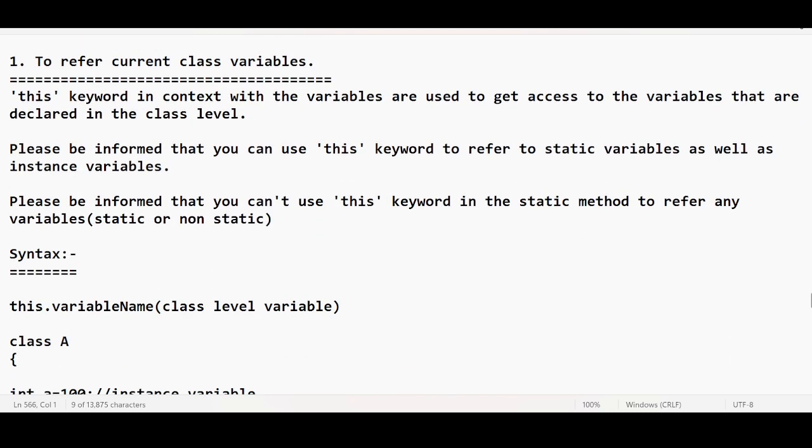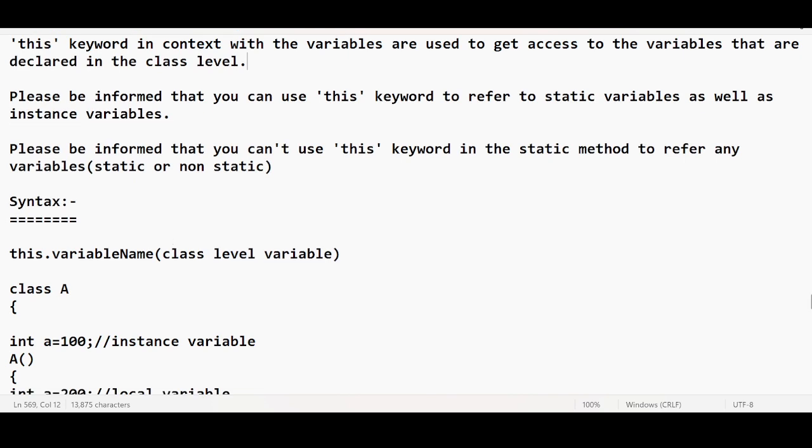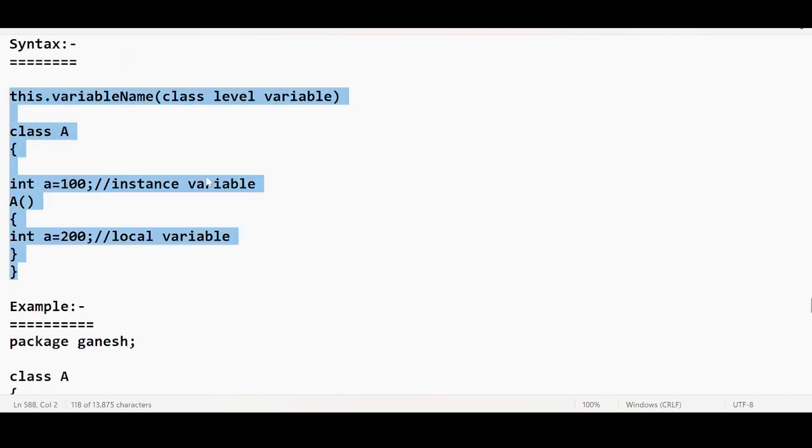The this keyword is used to get access to the variables that are declared at the class level. For example, you might have two variables: one declared at the method level, the second declared at the class level. To get access to the variable declared at the class level, you use the this keyword to refer to those variables. This is the typical syntax for it.